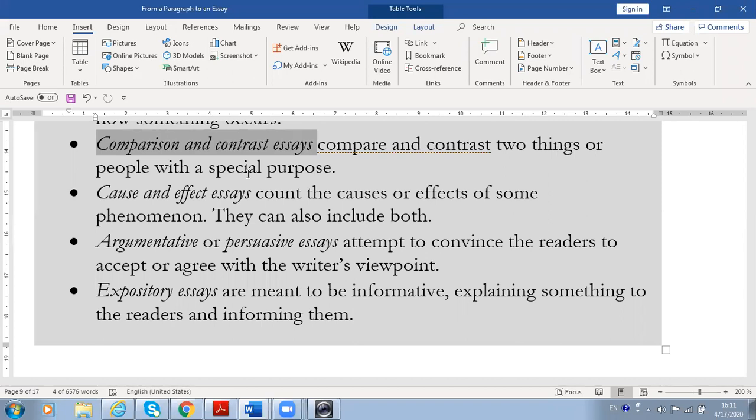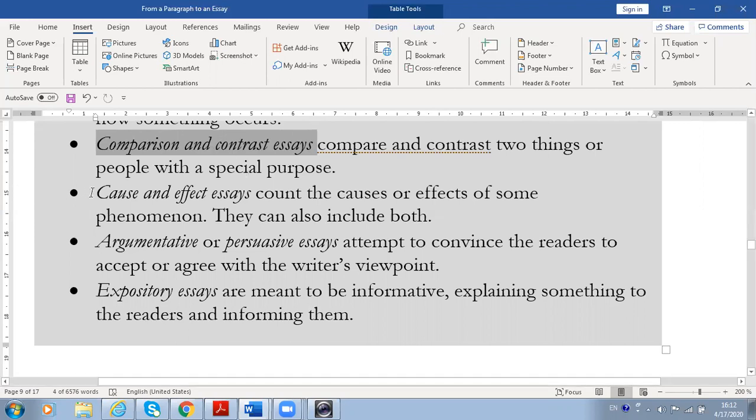And it is usually purposeful. You're doing this comparison and contrast for a specific purpose, for example, to find which one is better or which one is working well, or you want to just support one of them. This is called a comparison and contrast essay.